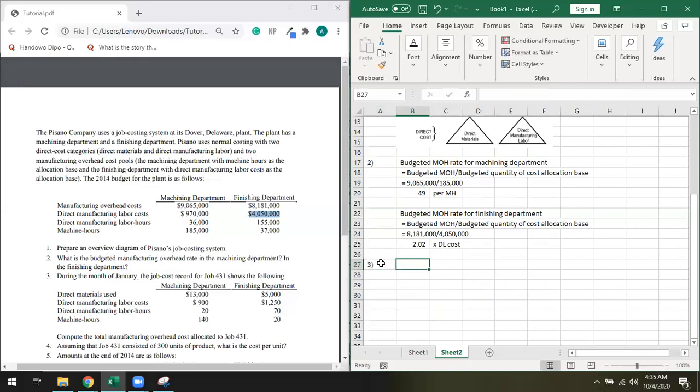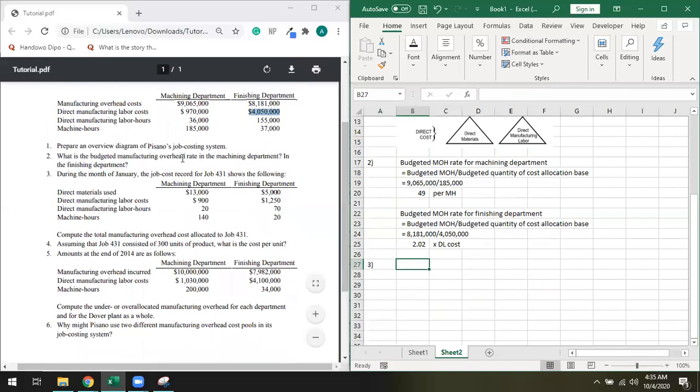Now moving on to number 3. For number 3, we were given the job cost record for job 431. So we have direct materials, direct labor, direct manufacturing labor hours, and machine hours. We have to compute the total manufacturing overhead cost allocated to job 431.